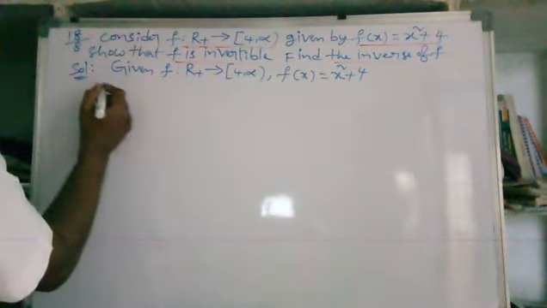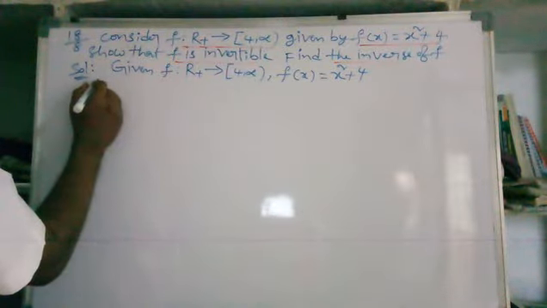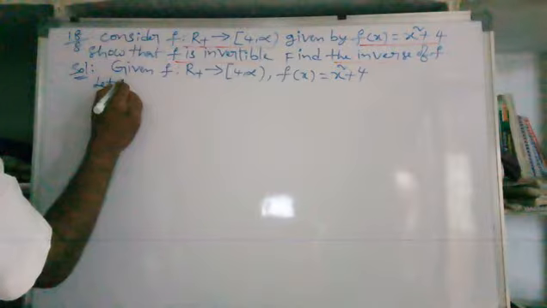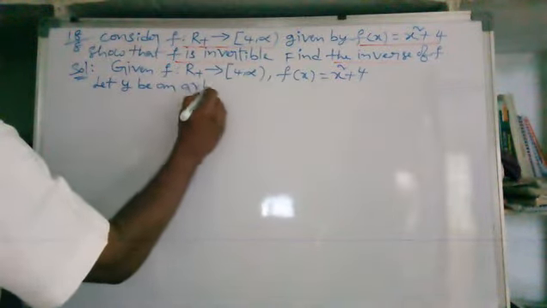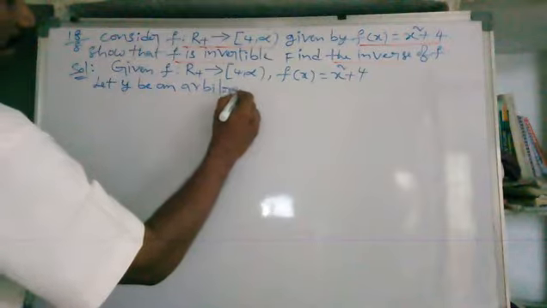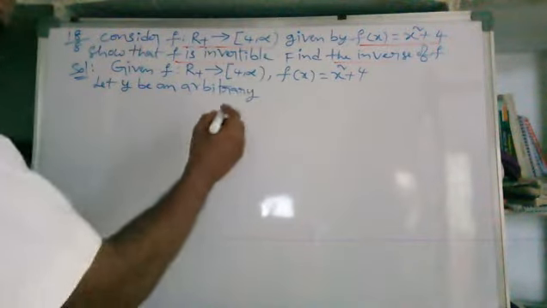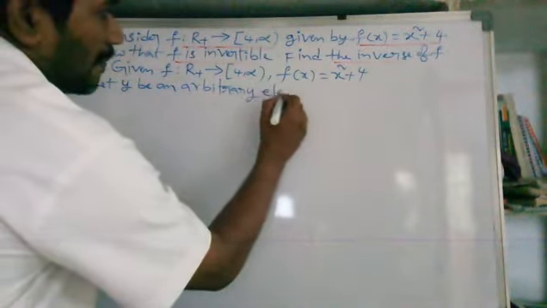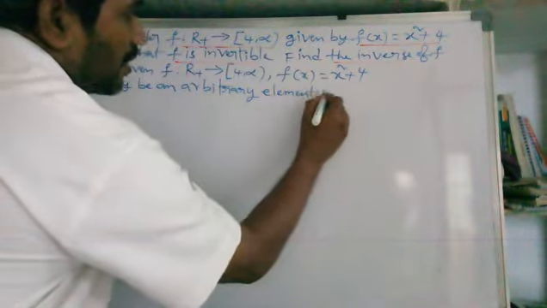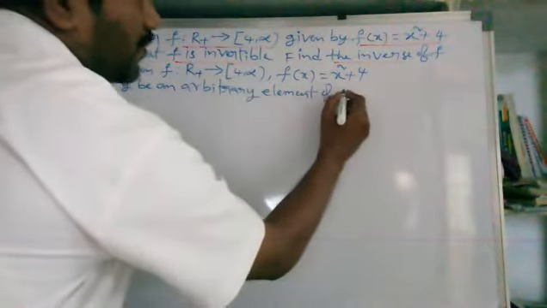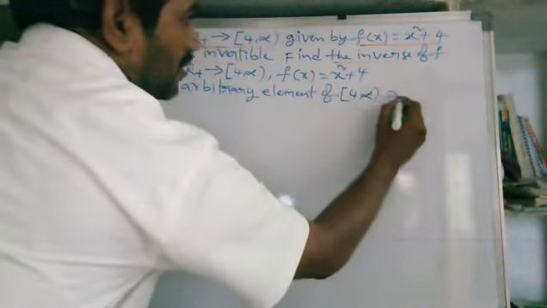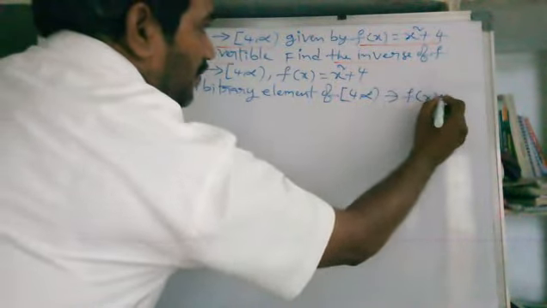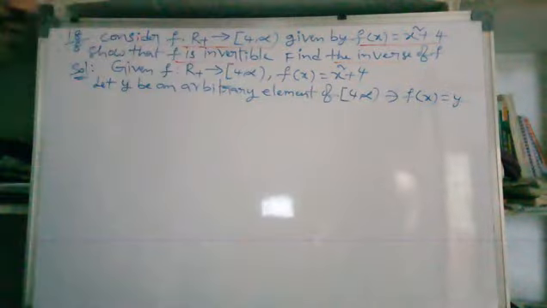First, let y be an arbitrary element of the codomain. The codomain is [4, infinity), such that f of x is equal to y.